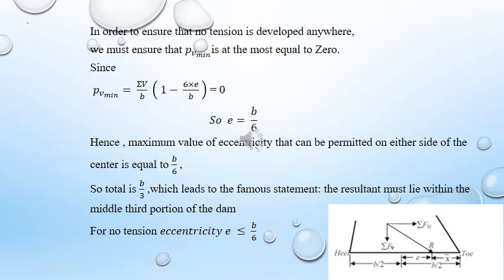Putting this 0 here, e comes out as B by 6. So, the maximum eccentricity permitted on either side from the center is B by 6. So, B by 6 plus B by 6 is B by 3, which leads to the famous statement that the resultant must lie within the middle third portion of the dam. So, for no tension, e should be less than or equal to B by 6.